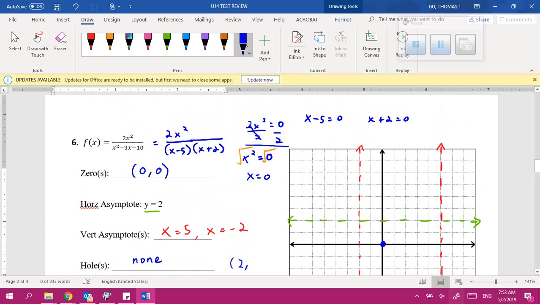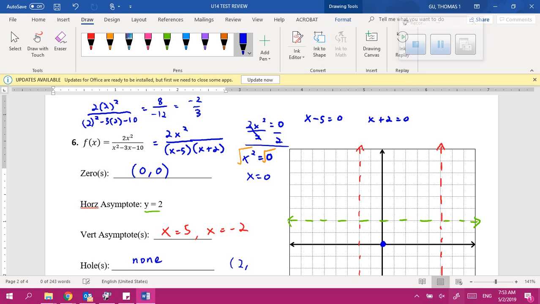So if I plug in 2 to the original equation, it'll be 2 times 2 squared over 2 squared minus 3 times 2 minus 10, which is 8 over 4 minus 6, negative 2, minus negative 12, which is negative 2 over 3.